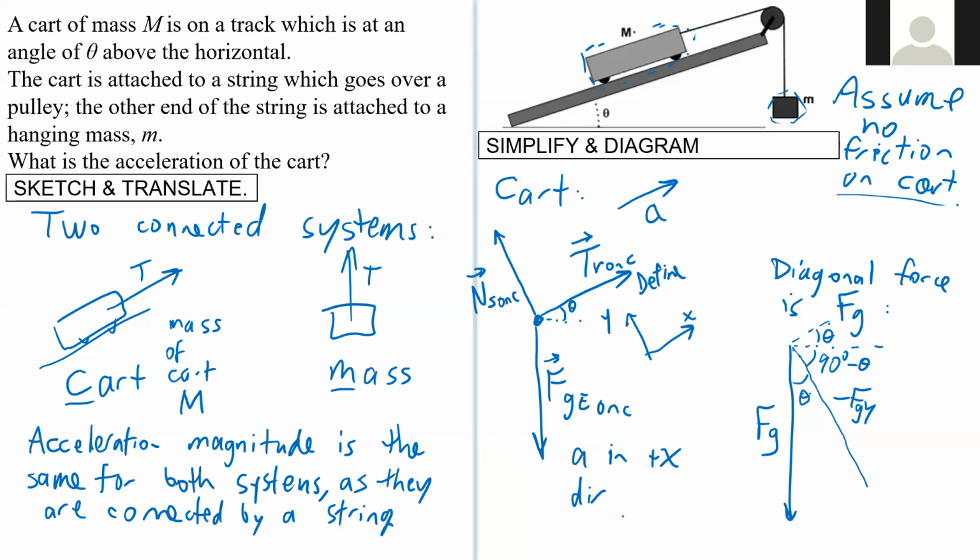And so this angle right here is theta. And there's your right angle. This will be your negative F G in the x direction. And so the way my angles work out here is that the sine of theta is negative F sub x over F G, and the cosine of theta is negative F sub y over F G. I'm going to need those when I start doing Newton's second law for the cart.